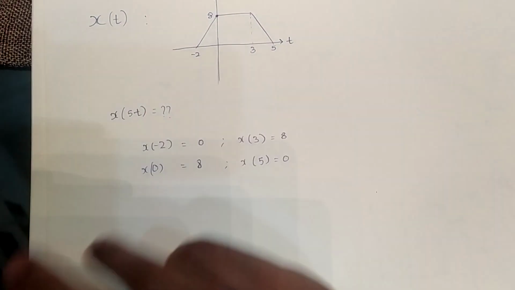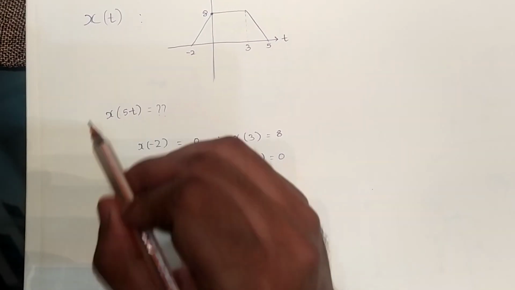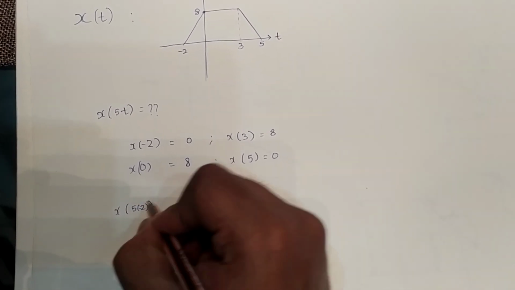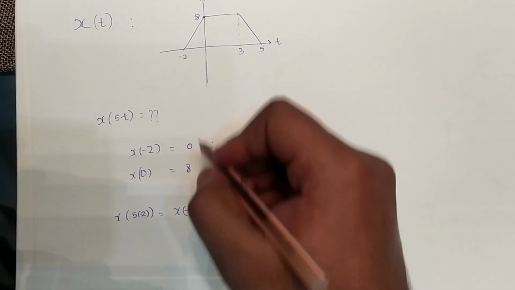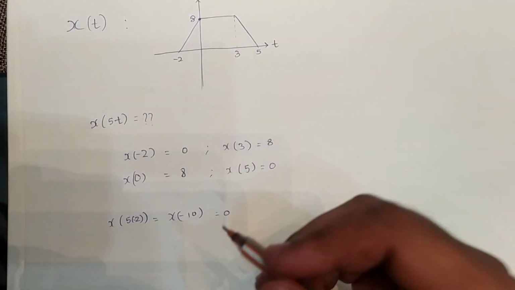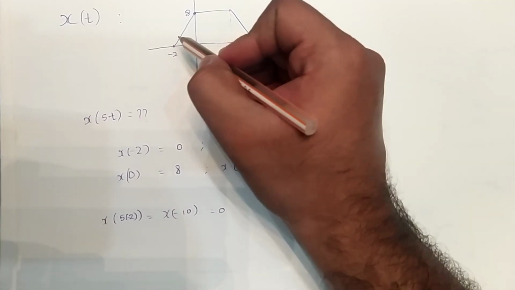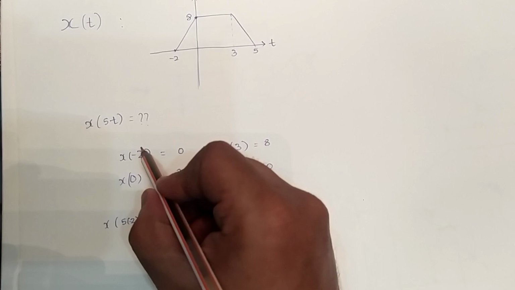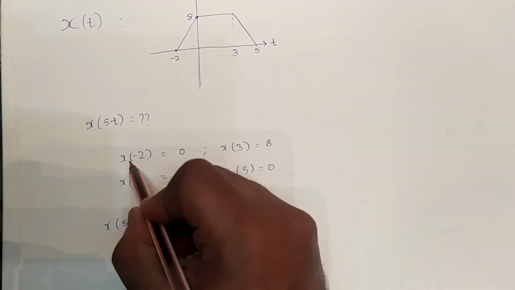Now suppose they are asking what is x of 5t. If you substitute minus 2 here, so x of 5 into minus 2, which will become x of minus 10. And what is x of minus 10 here? It's 0 basically. But what do you need? You need this point. So where will this point lie in 5t? So basically you need to find which value, if I substitute here, will bring my minus 2.